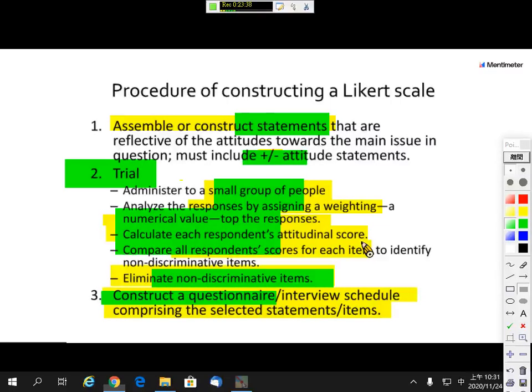So the benefit of the trial test is it allows you to talk to respondents. Because once you print out 1,000 copies, there's no way for you to change it, right? Because the money is spent. It's out. So you don't want to do that.